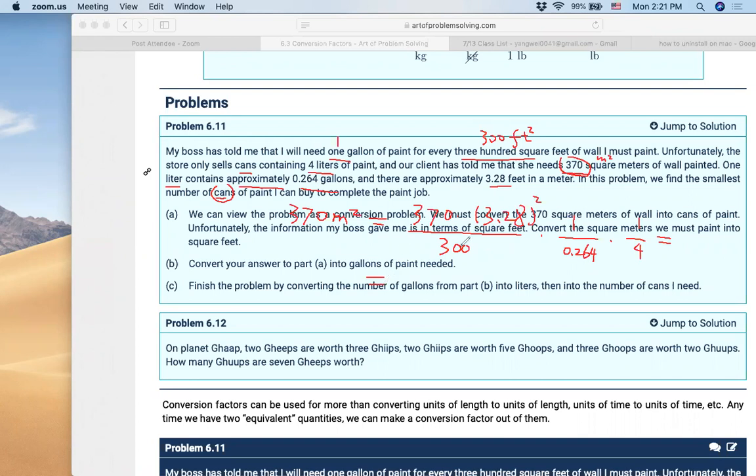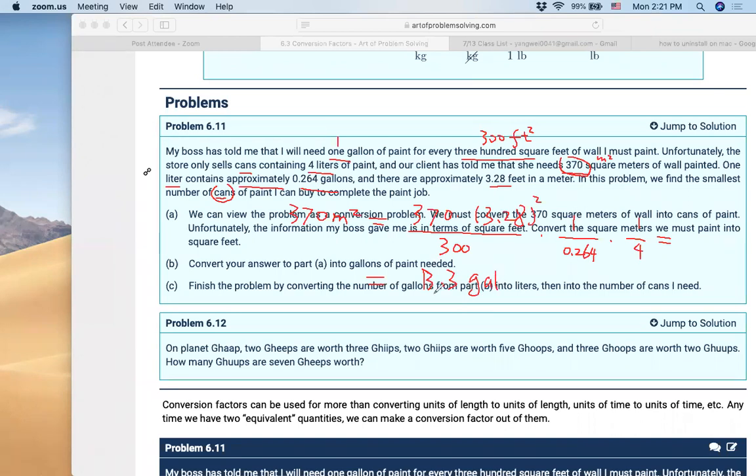First, you 370 times 3.28 squared. This one gives you, then this one divided by 300 gives you about 13.3 gallons.